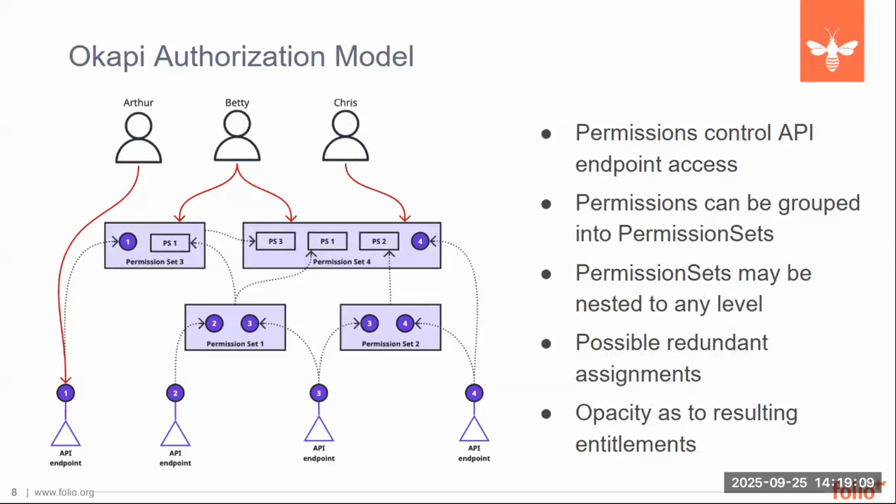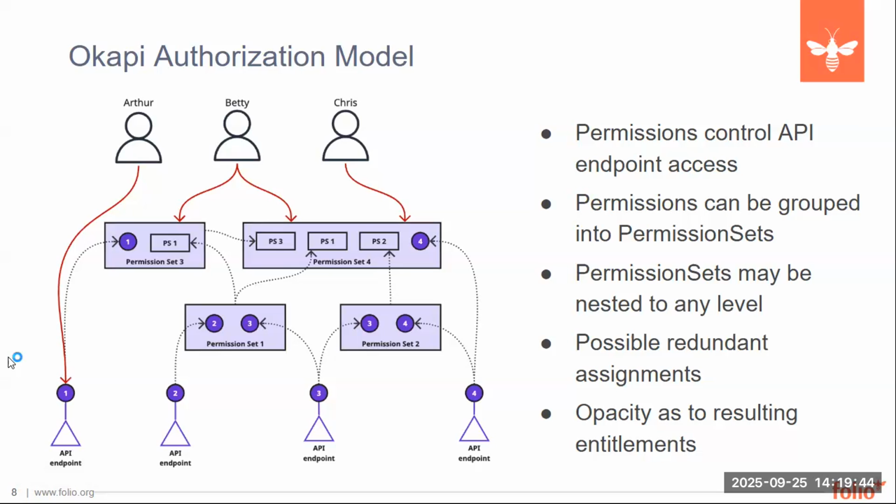So just to show you a bit of an illustration as to why we're doing this and how different the models are, in Okapi, you have something like this, where you would have, as shown here, a number of staff users who might be assigned, as shown here, the circular dots are permissions, directly or as part of a permission set in the box. But then different permission sets may contain other permission sets. The dotted lines show you the nesting. You can see that there is a permission set that is nested, and you don't really get a sense of what exactly you're assigning to somebody, right?